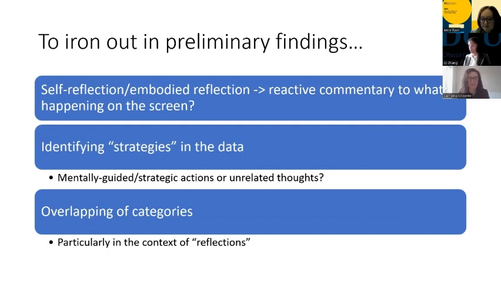We can also see some overlapping of categories, particularly in the context of reflections. Is the student reflecting on the task at hand, or are they reacting to a technological mishap, or to their performance? For example, saying, oh, I used to be able to write this character and now I can't remember. So we need to iron out this overlapping of categories.